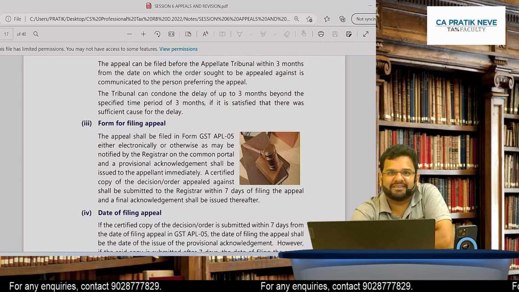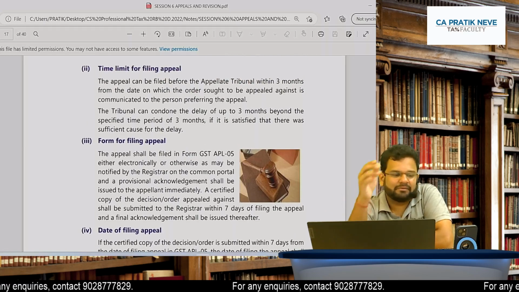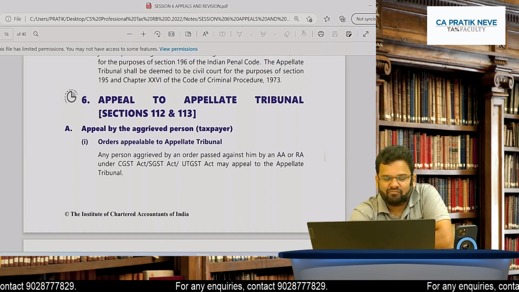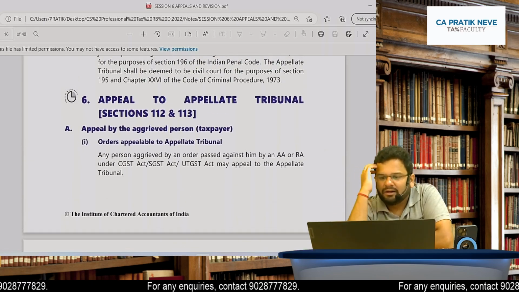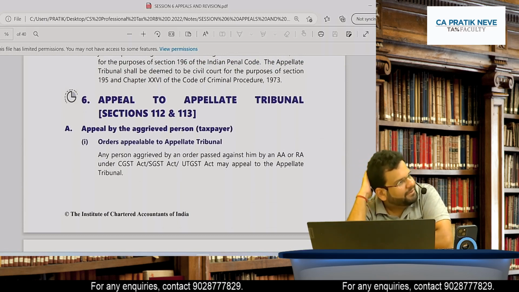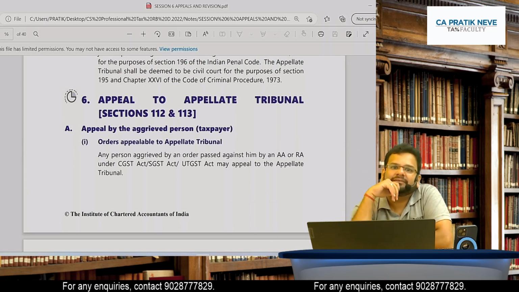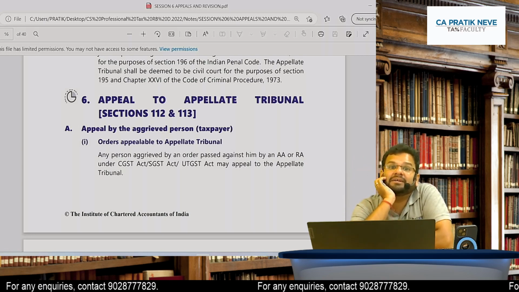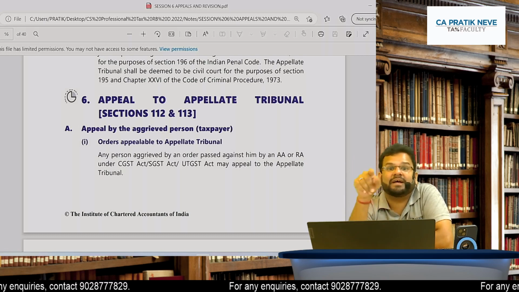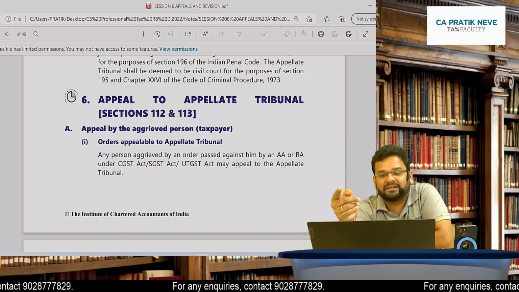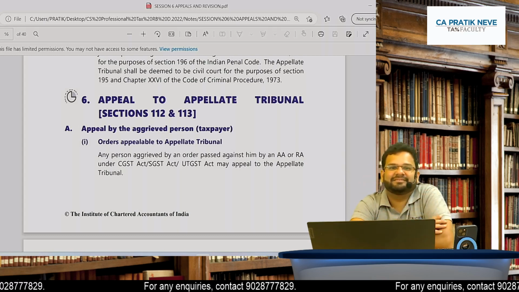Did not digest? It can happen, friends. Listen, the appellate authority can give a decision which is in favor of the assessee. If the decision is in favor of the assessee, it is against whom?